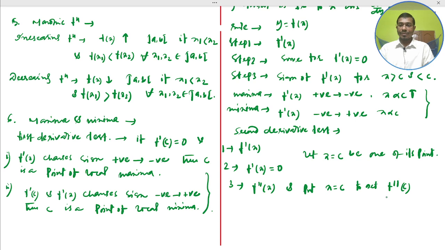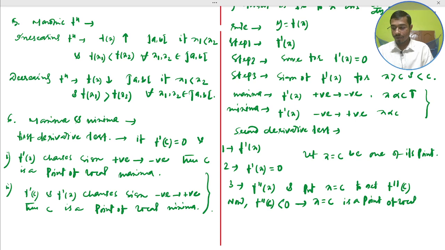At x equal to c it becomes f double dash c, and this is the condition now: if the second order derivative at this point, f double dash c, is less than 0, this is called the maxima. Less than 0 means x equal to c is a point of local maxima.